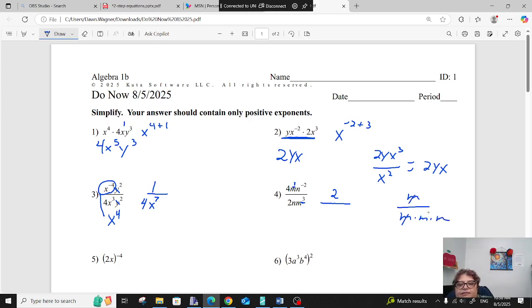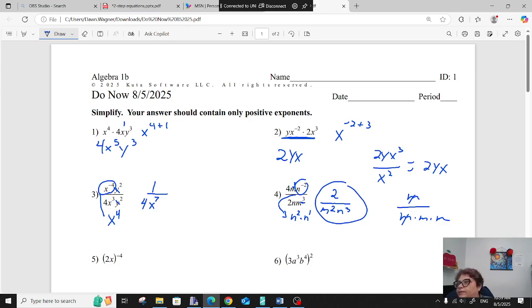These would cancel, and I would have just 2 of them left on the bottom, right? That makes sense? Now this is a negative 2 on top, so what do I do? I need to move it to the bottom to make it positive. So now that's n to the 2nd power times n to the 1st power. 2 plus 1 is 3. And this should be the answer.